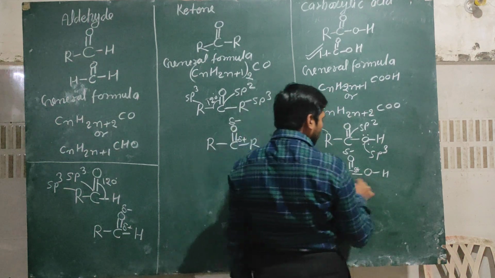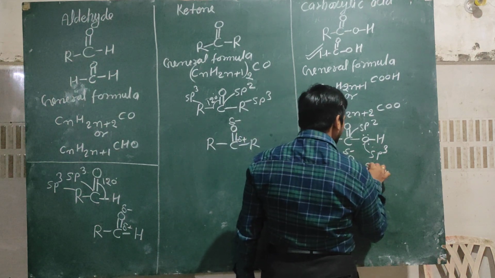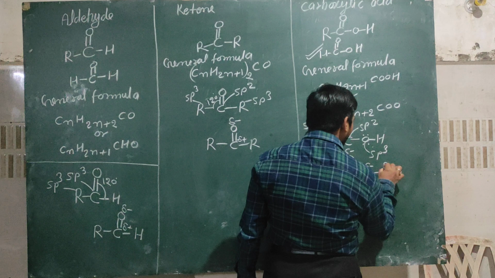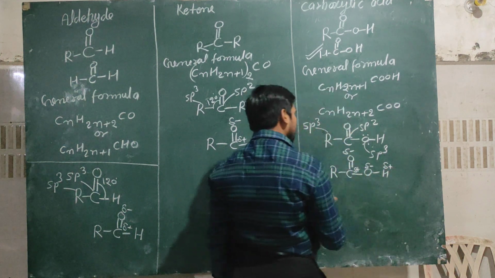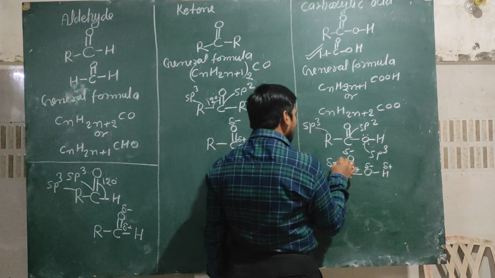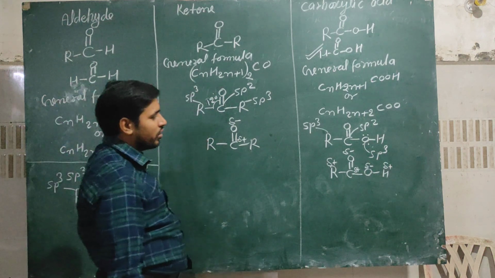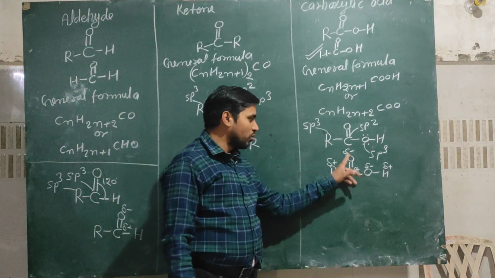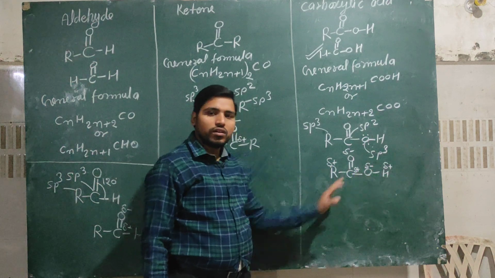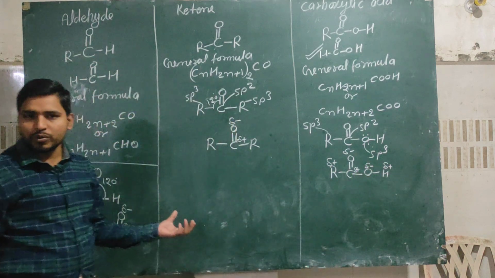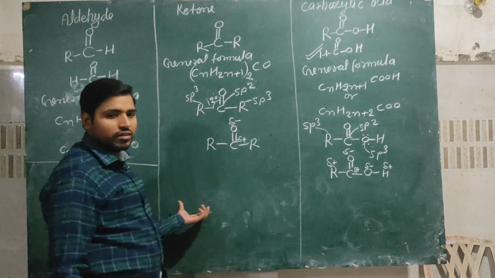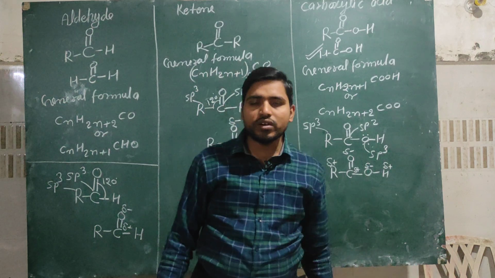Okay, although this oxygen also contains partial negative, hydrogen contains partial positive, alkyl contains partial positive charge as compared to carbonyl group. You can discuss the partial positive and partial negative charge in case of aldehyde, ketone and carboxylic acid.